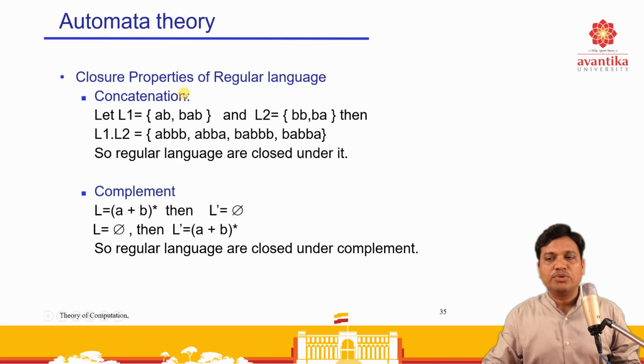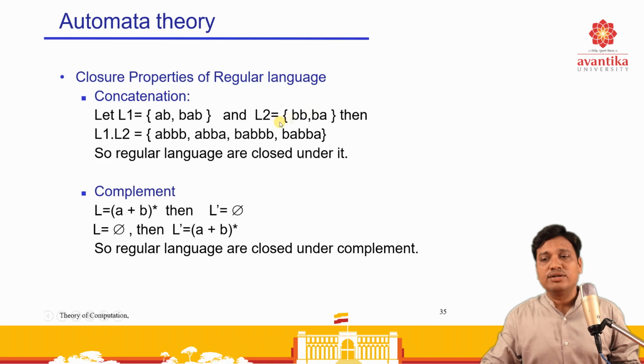The third closure property of regular languages is concatenation. Taking an example, suppose L1 is AB, BAB, and L2 is BB and BA. Then we concatenate them, L1 dot L2.